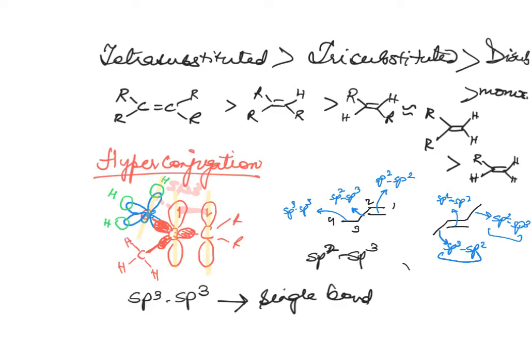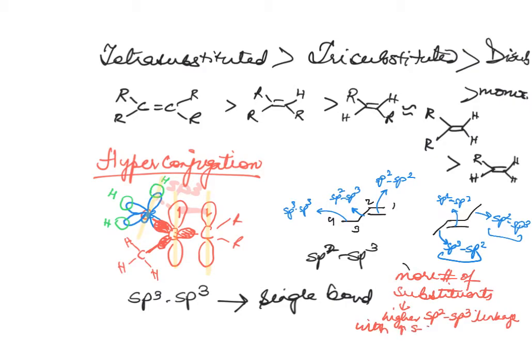So one could say the takeaway from here is more number of substituents lead to higher sp2, sp3 linkage with higher S character, more stable bonds, and hence the alkenes overall, which contain more number of these sp2, sp3 linkages, are going to be considered more stable.